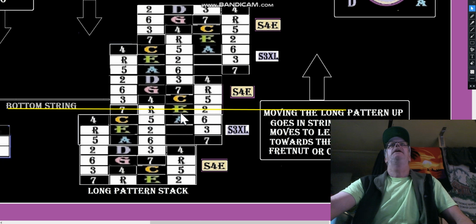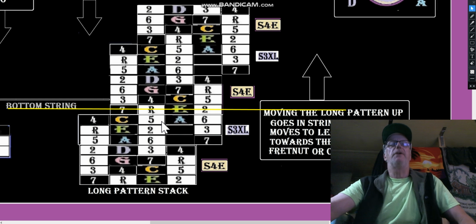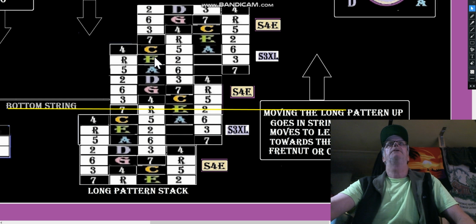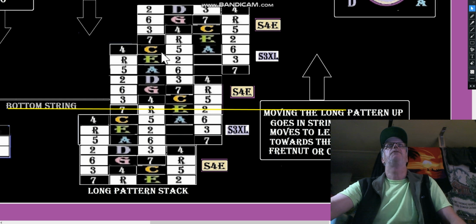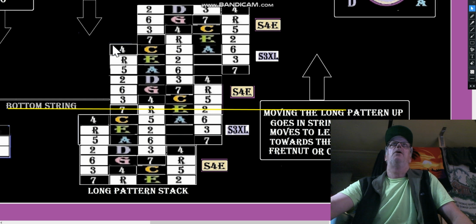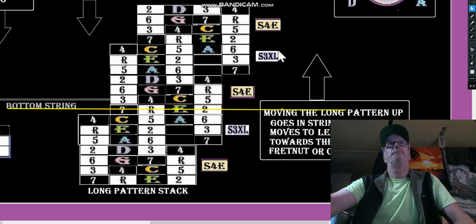From this E, C, and G, and D, these are actually short patterns. They're in the middle of the long patterns here, the longer patterns, 4, 5, 6. As we'll learn today, we're going to add 7 to that fourth, and we're going to call that the super long pattern, the super long string rather.